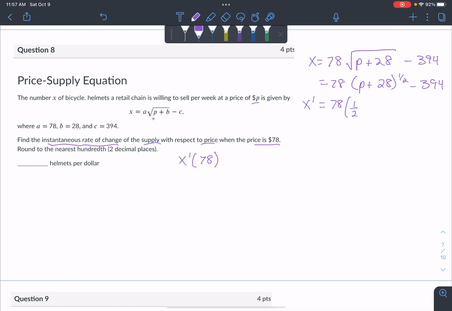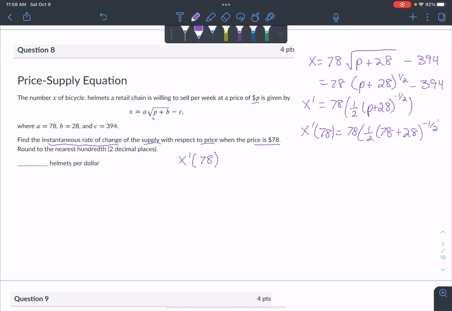So bring the power down, p plus 28, decrease the power by 1, and then no chain rule here because p is just p. All right, and then the derivative of 394 is just 0. So let's find x prime of 78. That will just be plugging in 78 wherever I see a p.